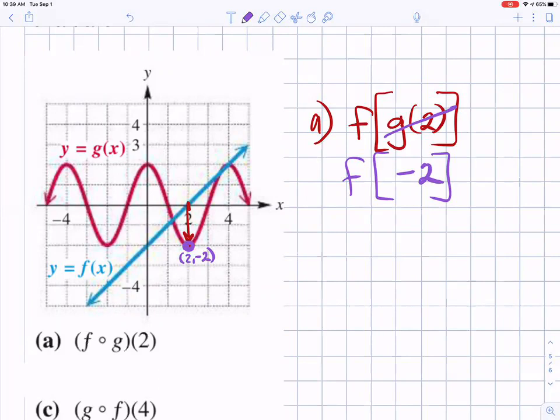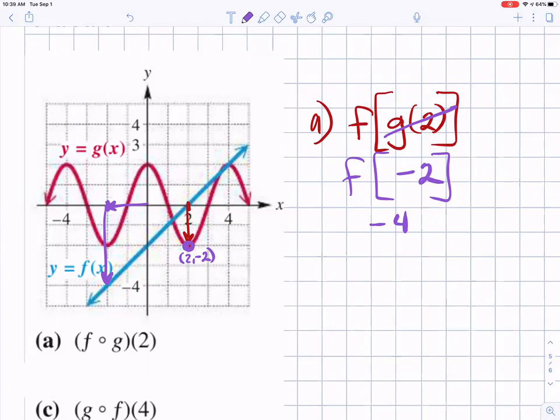So now I have an X value of -2. I'm going to go this way. There's the X value of -2. What is the F function value, the Y value on the F? That's going to be down here. So this is -4. I don't need the F anymore. I just found out what the F was.